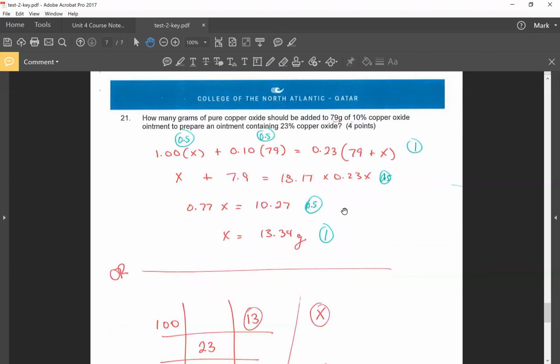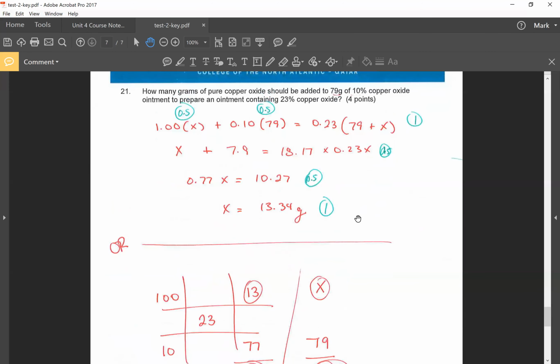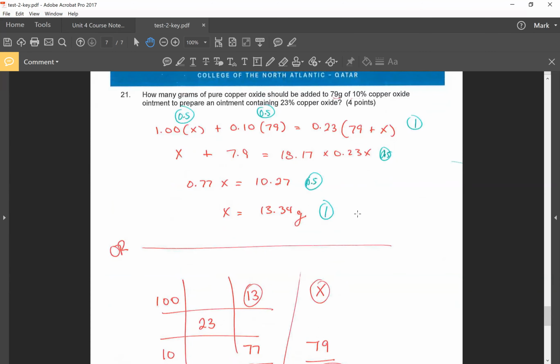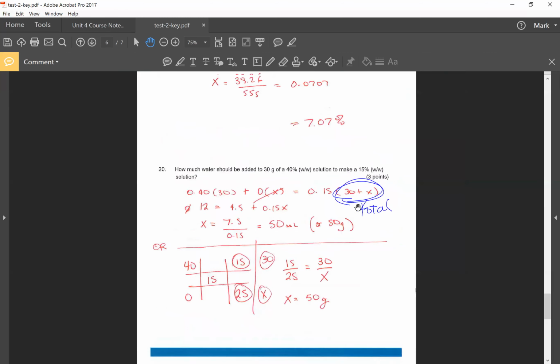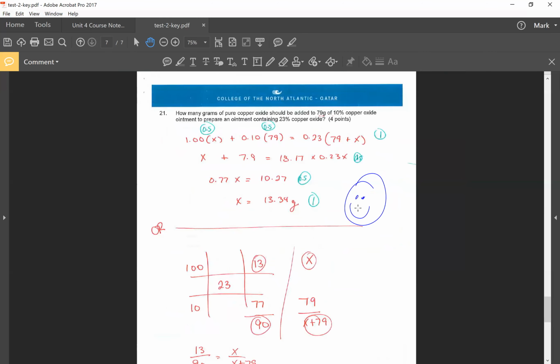All right, that's it. 21 was probably one of the best questions on the whole exam. 21 was done very well. And I think you guys knew you were going to get a question like question 21. But what was strange is question 21 is basically the same as number 20.